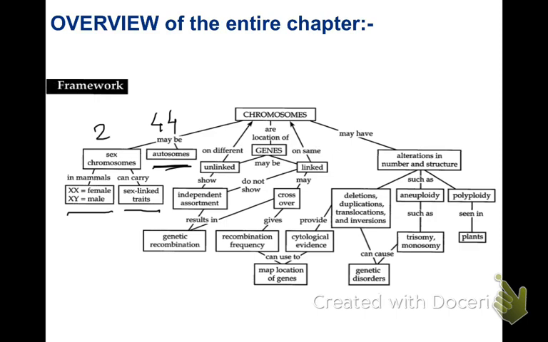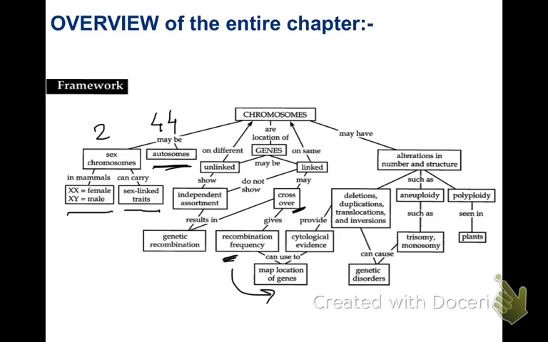Genes on the same chromosome are linked, meaning they do not show independent assortment, but they may cross over. If they cross over, they show a recombination frequency, which can be used to map the location of the genes. You can also use cytological evidence to map the location of the genes.